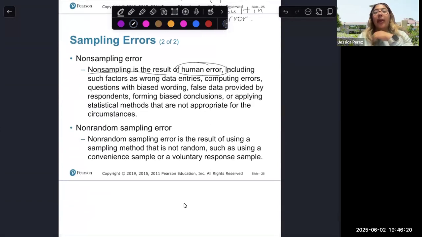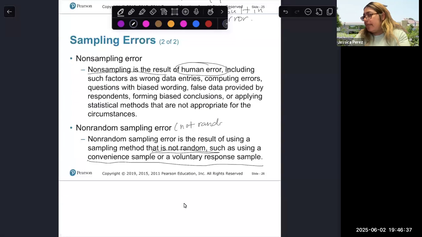And the non-random sample error is a result of using a sampling method that is not random. So you're actually doing a convenience sample or a voluntary sample. So this one is not at random. And that influences getting a sampling error because you're not getting the results that you want.